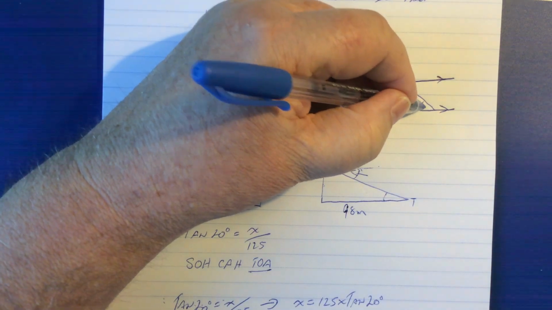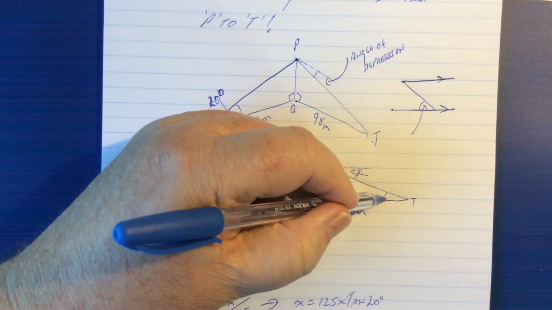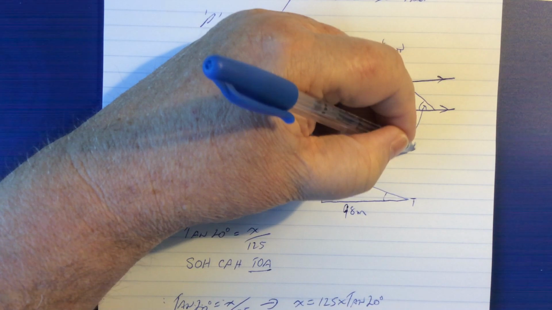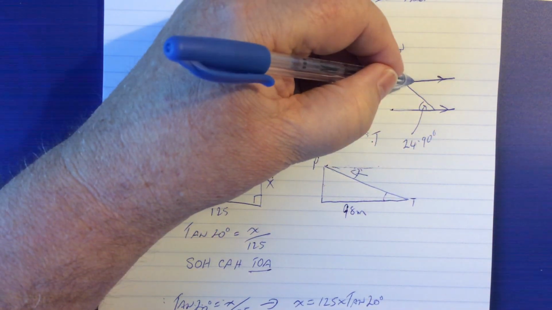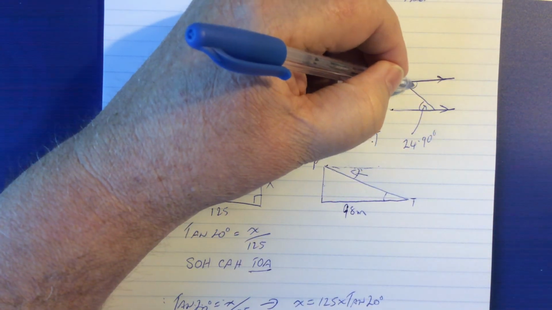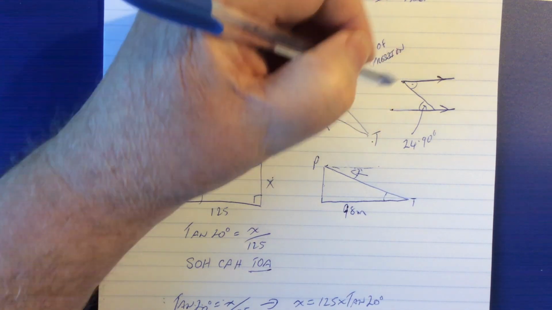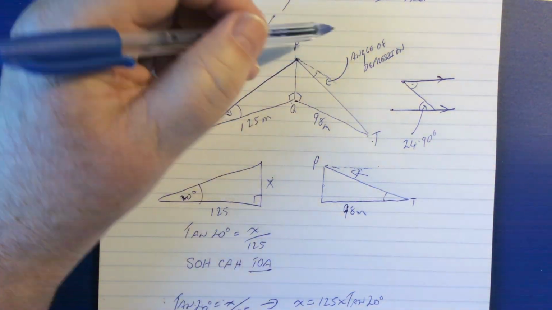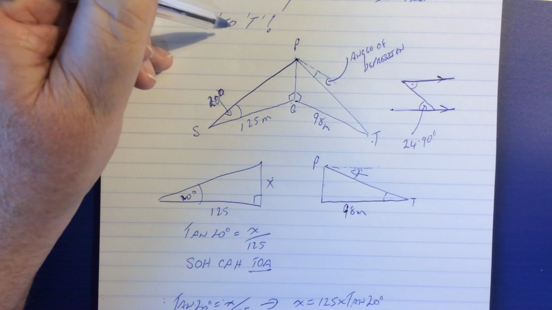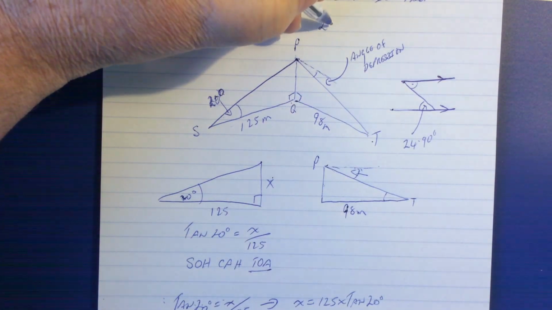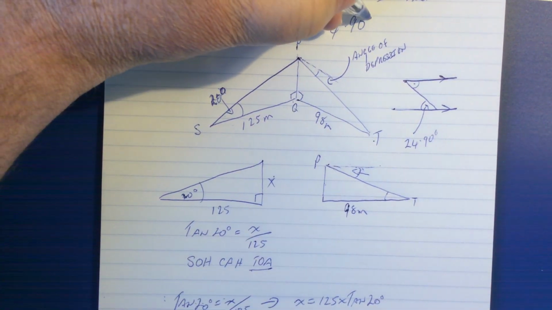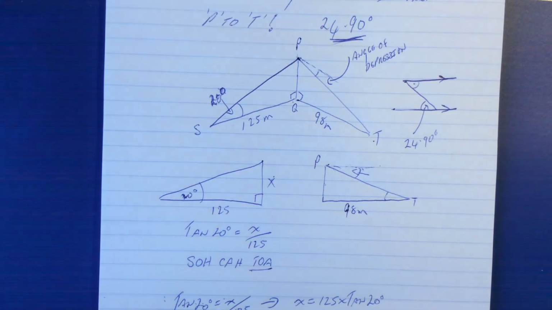We have the angle of elevation here, which is this, which is 24.9 degrees. The angle of depression will be exactly the same as that. So the angle of depression from point P to T is 24.90 degrees. That is our answer.